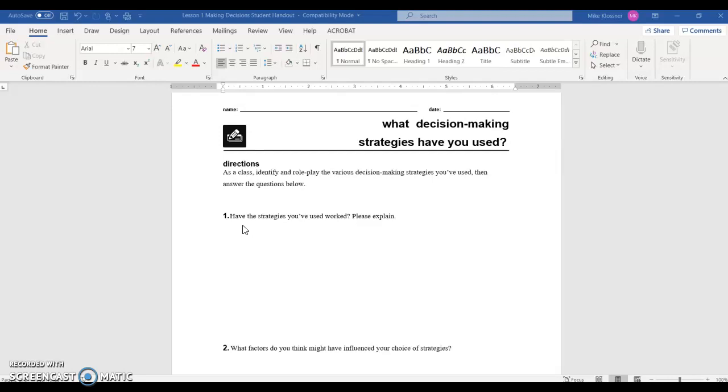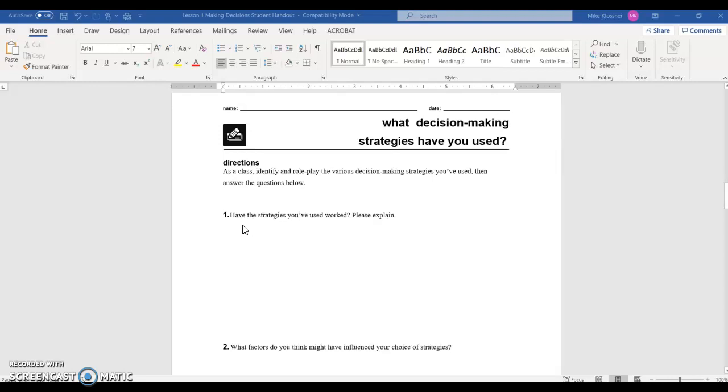Again, as you go through this next part, you can refer back to the PowerPoint that discusses some of the factors that may influence your decision making, what strategies you've used in the past, and so on and so forth. Make sure that you refer back to that, and it is there in Canvas.